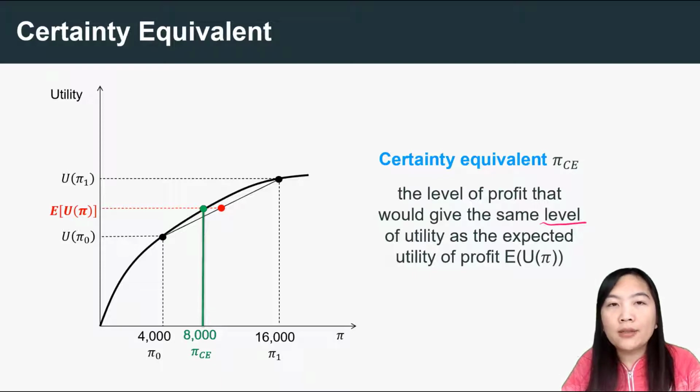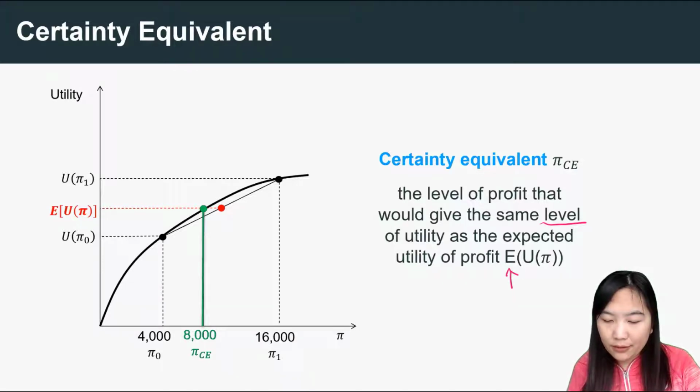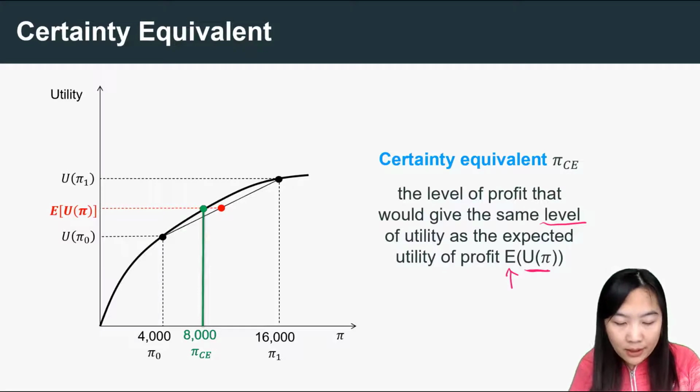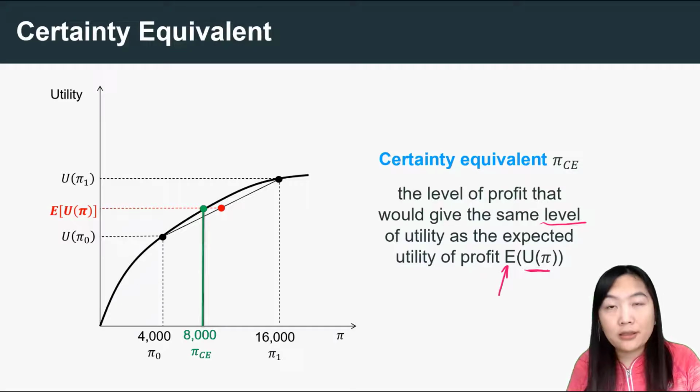And to find out the CE, you first need to find out the expected utility of profit. Since we're finding the expectation of something, we first need to find the utility of profit under the two different outcomes, good weather and bad weather. So let's forget about this expectation operator for now and find the two utility levels first.